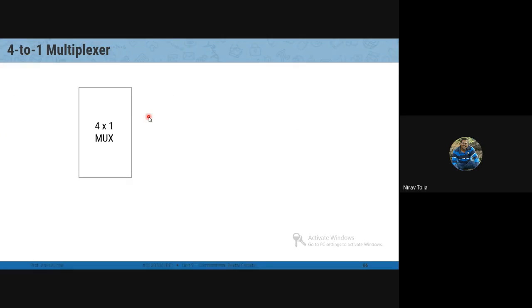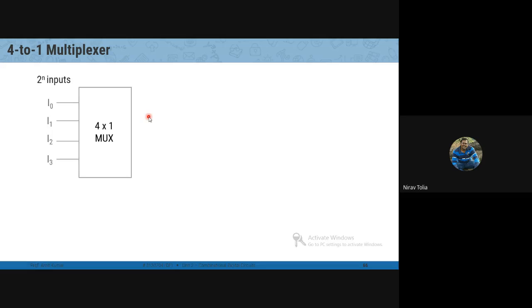So we have to focus on the 4 cross 1 mux, or you can say 4 to 1 multiplexer. What does 4 to 1 indicate? We have 4 inputs and only 1 output, and the multiplexer is also denoted by mux, the short form of multiplexer.